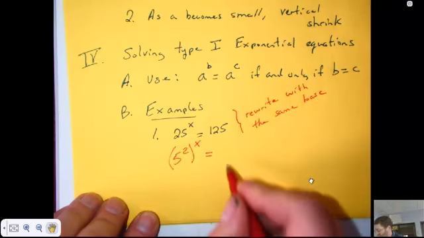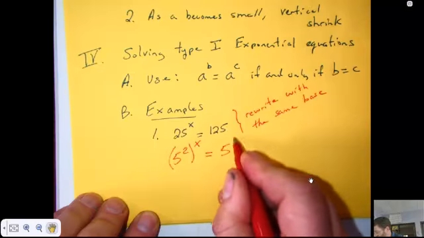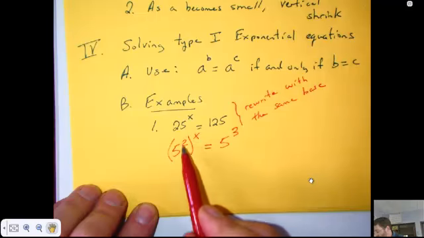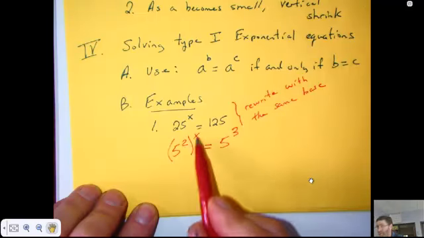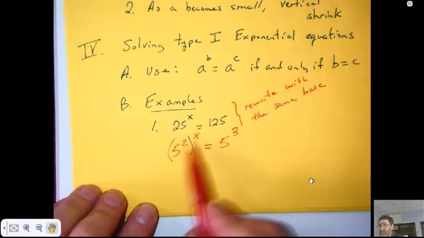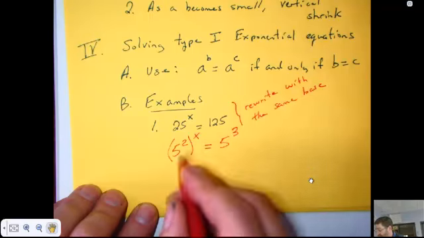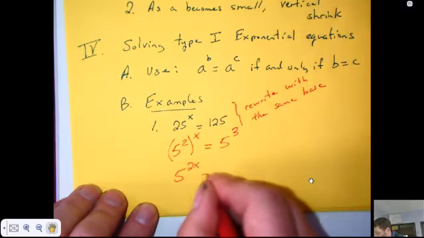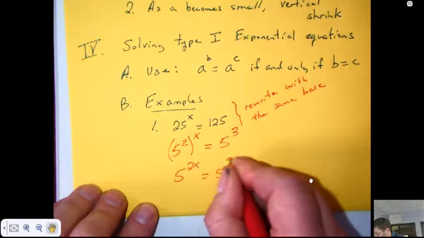125 would be 5 cubed, right? It's kind of awkward how I wrote this 5 squared to the x power, but if I have a power to power, what do I do with those two values? I multiply, right? So that's the same as having 5 to the 2x is 5 cubed.